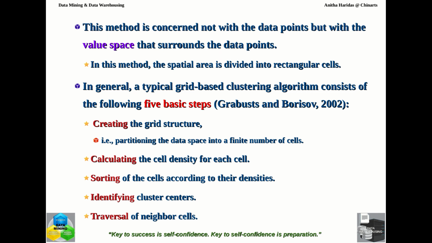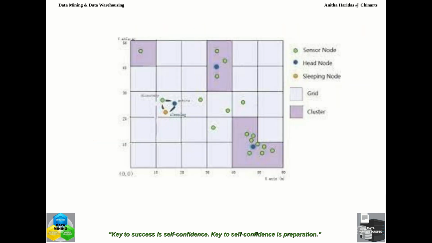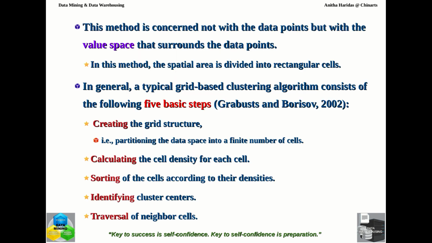So what happens, say for example, when I sort, these 3 cells will have highly dense data. So all these 3 cells can be combined together if you want to form a cluster.